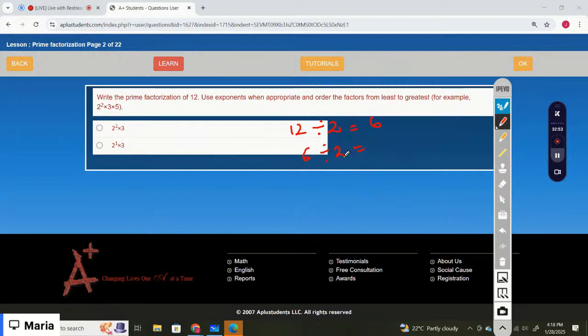So 6 divided by 2, because 2 is the smallest prime number that can divide 6, is 3. Now 3 divided by 3 is 1.